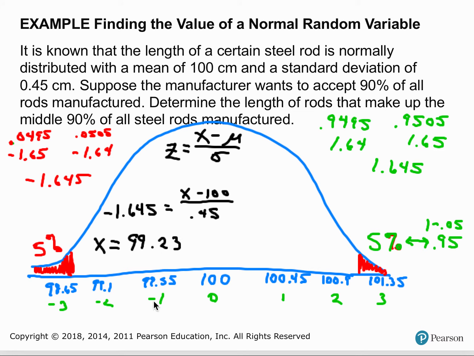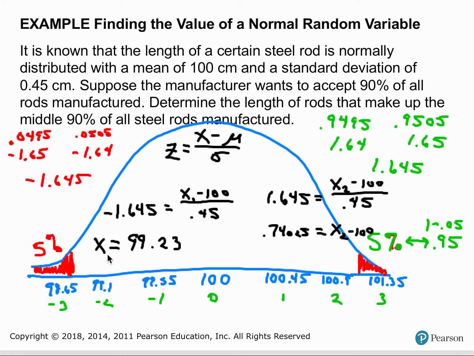Okay, and let's do the other one. If we have 1.645 equals x sub 2 minus 100 over 0.45, so 1.645 times 0.45, 0.74025 equals x sub 2 minus 100.